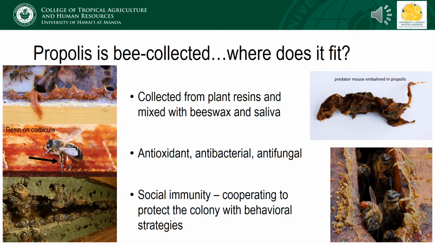It can even be used to mummify invaders that die but are too large to be removed. It is not uncommon to find mice or lizards completely entombed in propolis. This prevents the carcass from smelling or decomposing in such a way that would be harmful to the colony.